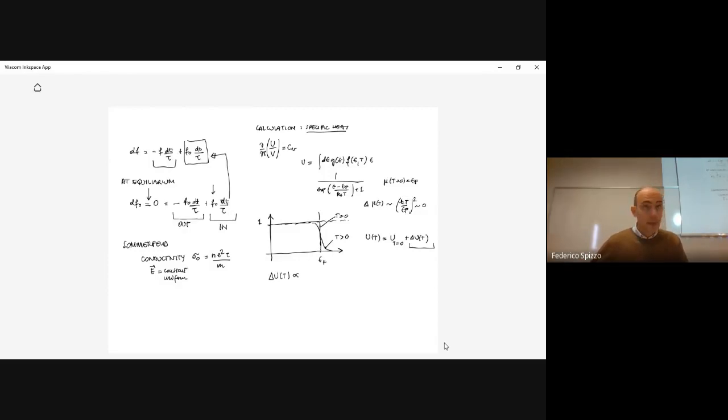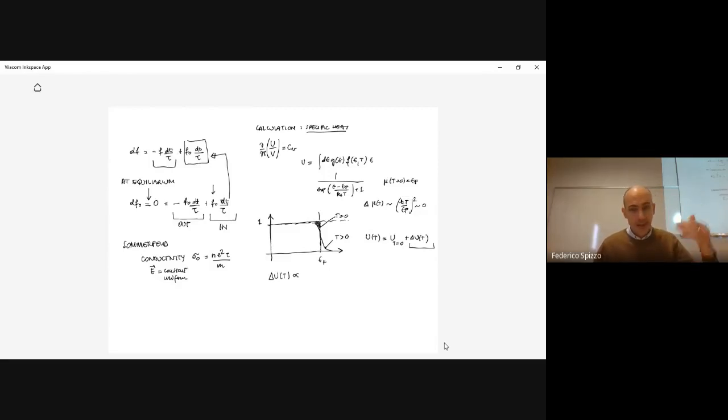Let's look at what happened here. If you compare the diagram corresponding to T equal to 0 to the diagram corresponding to T larger than 0, you observe that here in this region up here, you lose electrons, because the probability to have those levels occupied is no more 1, but is smaller than 1.